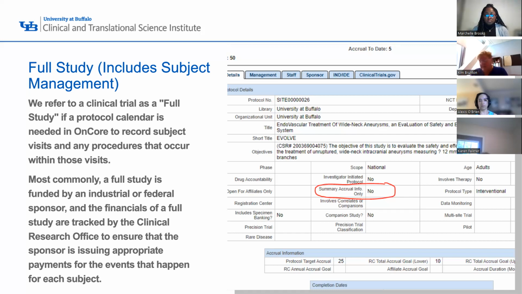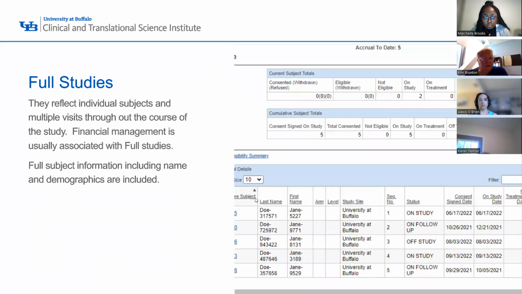And so what this does for you is to make sure that you are paid for everything that you are doing. You can see they reflect the individual, and this is out of our train environment, so this is not real data. They reflect the individual subjects and the multiple visits throughout the course of the study.